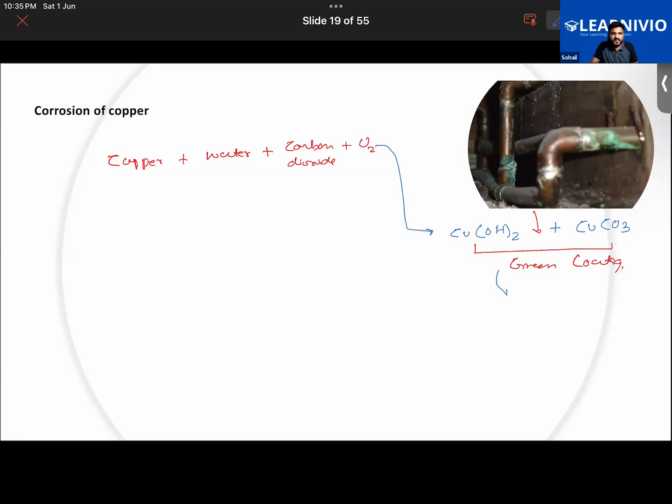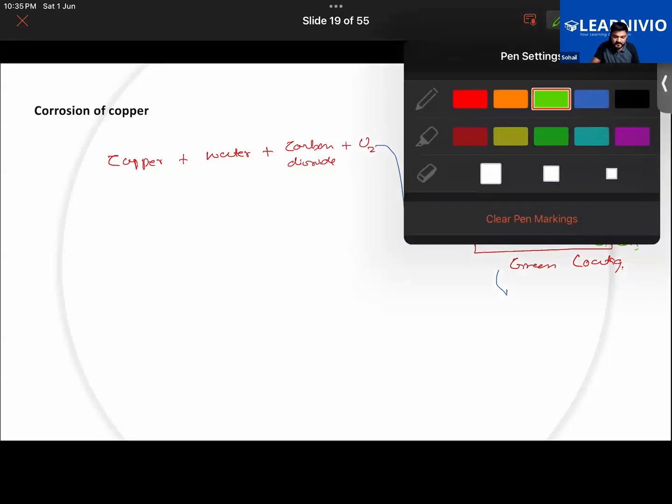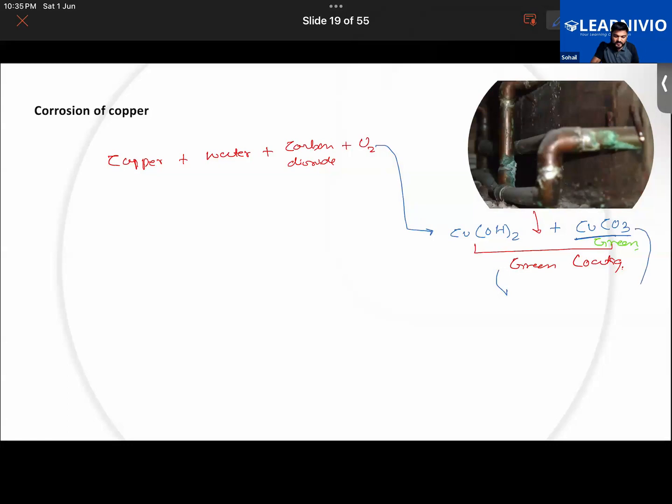And if you were to talk about which one is responsible for the green color, this copper carbonate is mainly responsible for giving it the green color. Furthermore, when you talk about its property, this is again going to be basic in nature.